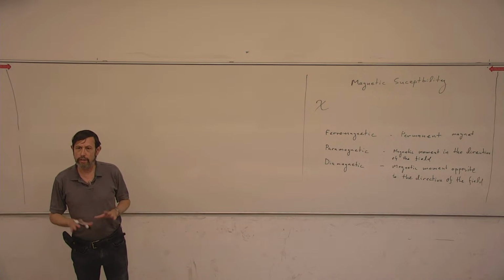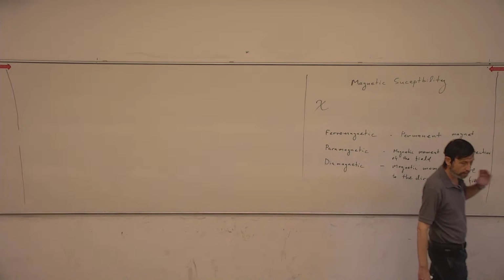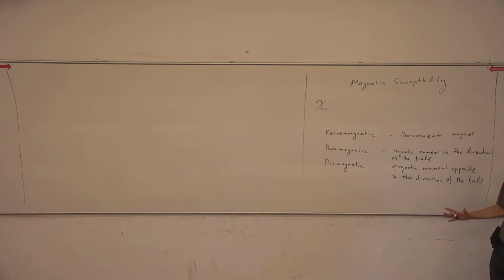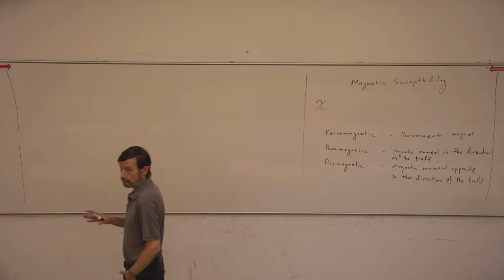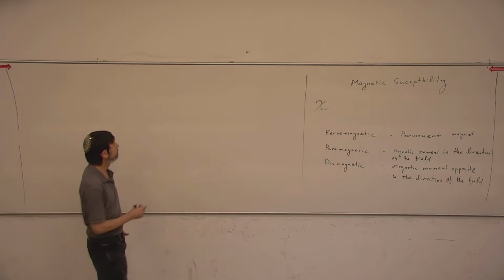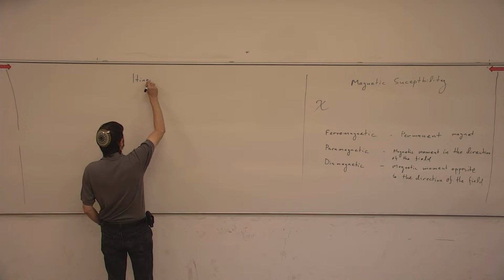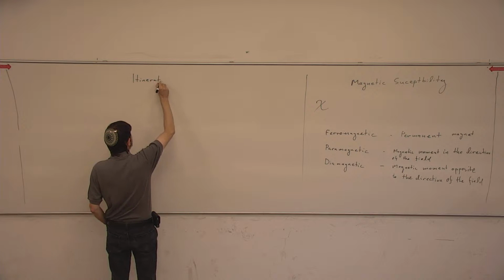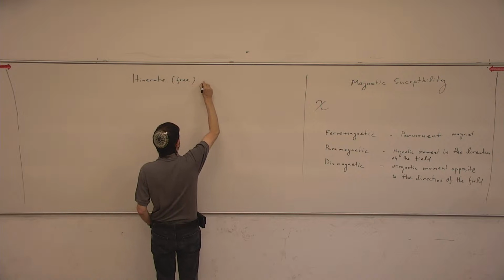I won't go into magnetic response that comes from the nucleus of the ions or anything like that. I'm looking only on the response that comes from the electrons in the material, and it's from free electrons, which are itinerant, which means free electrons.